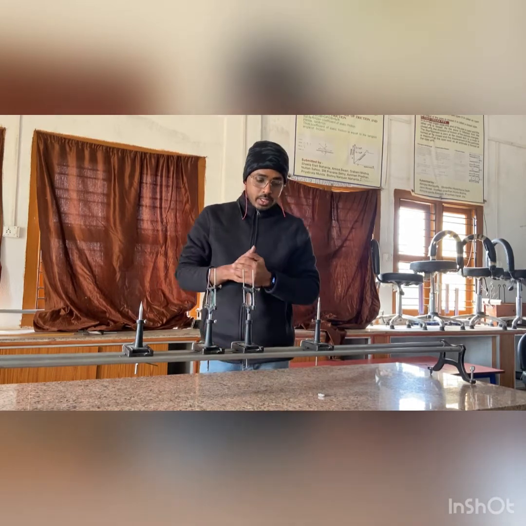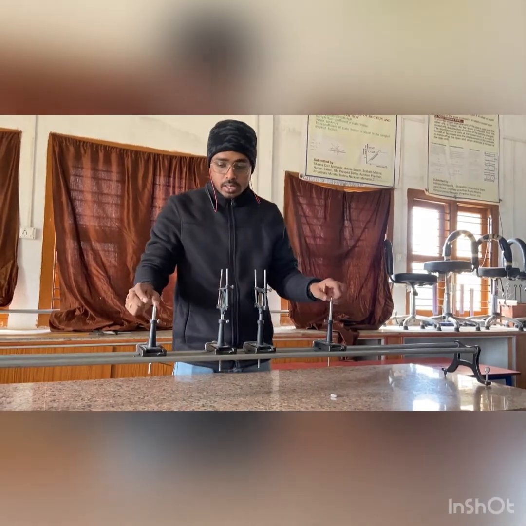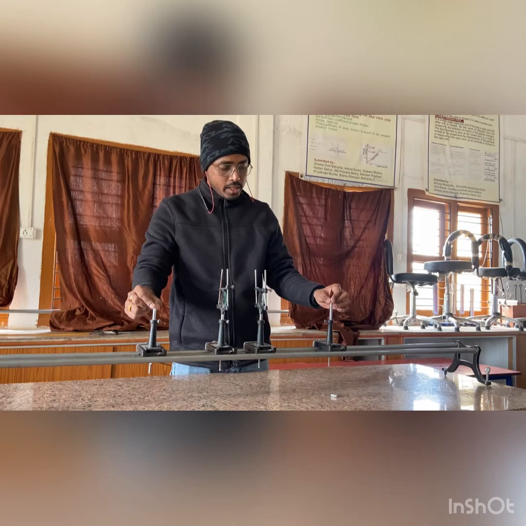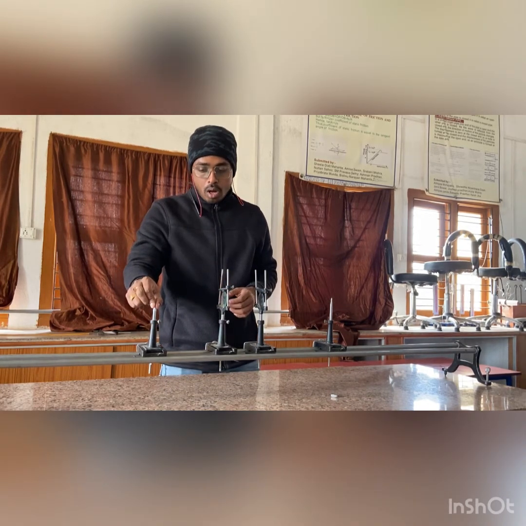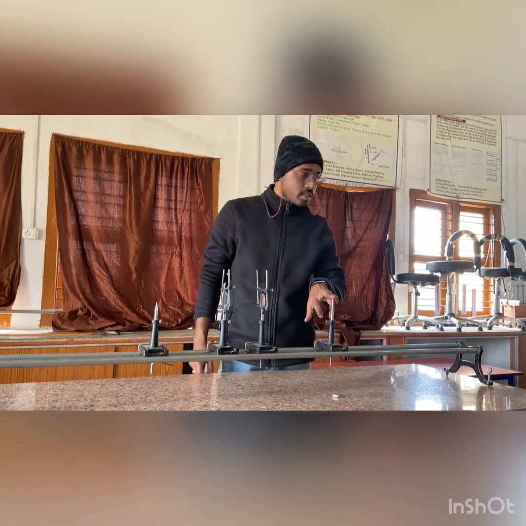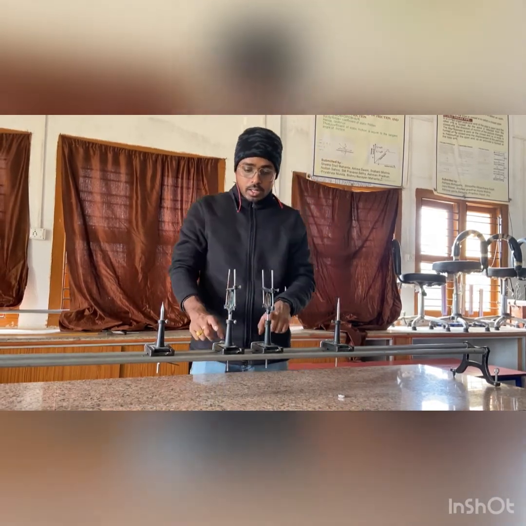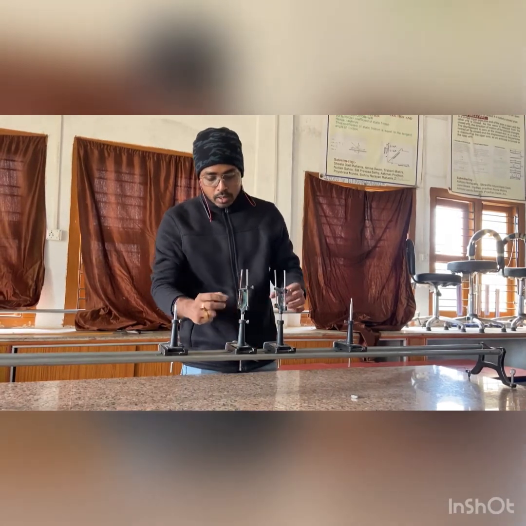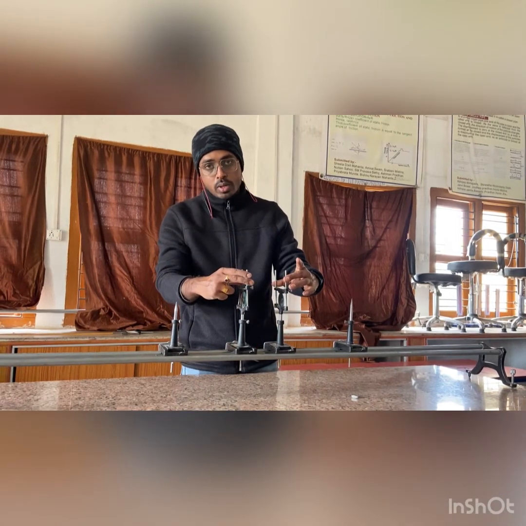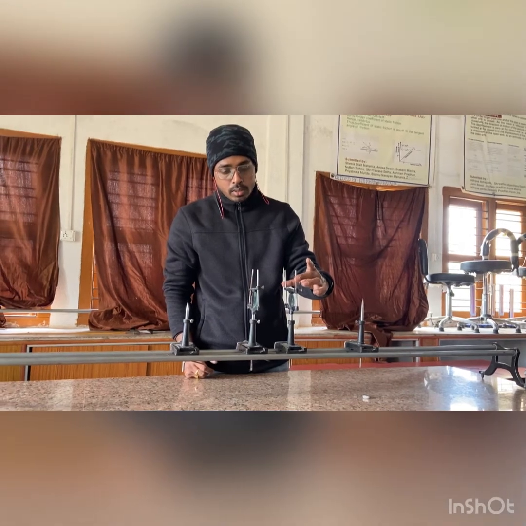So 4 uprights we need, and two optical needles. These needles are called optical needles. So two optical needles we need. This will be used as object needle and this will be used as image needle, right? And upon these two uprights, there is a lens holder and another one is mirror holder, right?